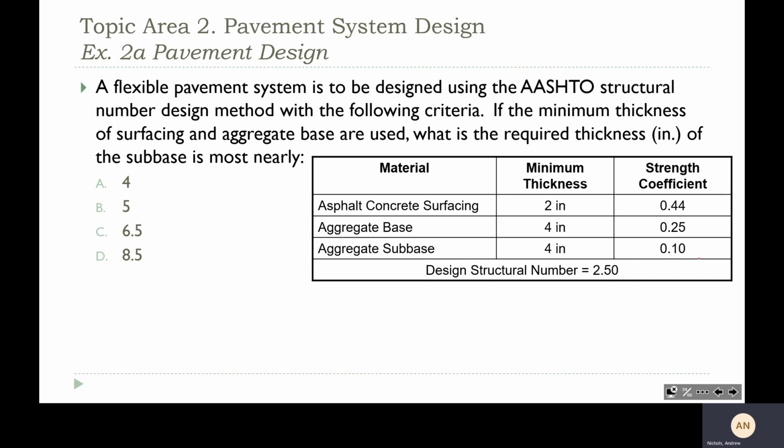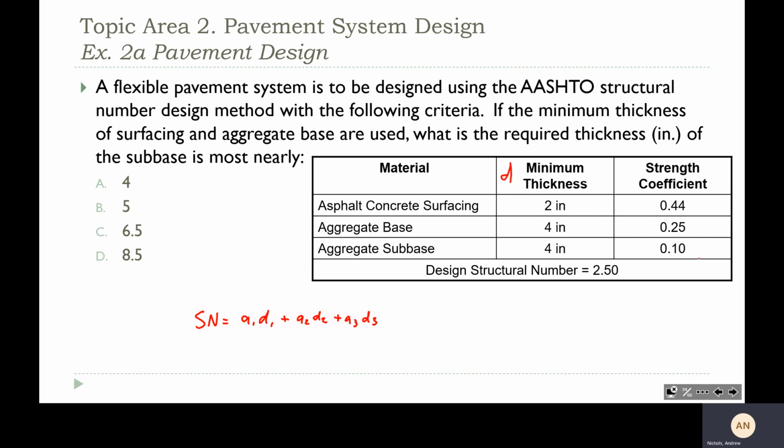So just using that structural number equation, overall structural number equals A1 D1. We're given information. We have 3 layers here. So A2 D2. We don't have any information about the drainage. We just have the coefficients, A3 D3.